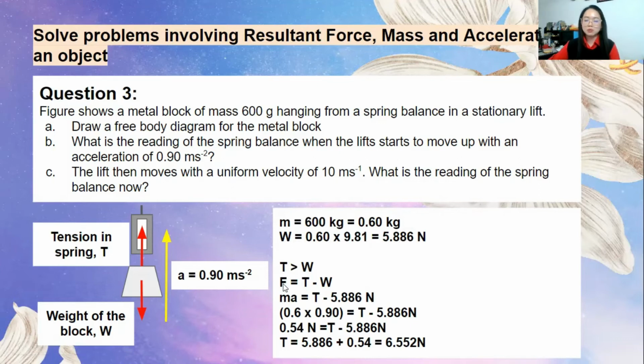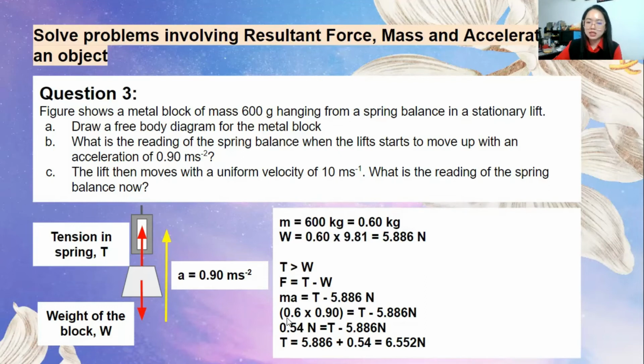Now, because the thing is going upward, T is greater than W. Some of you may be writing R here. It's not a big issue. If you write an R, it is correct, because the thing is going upward. I'm using a T here. So T is greater than W, F is equal to T minus W, and then ma is equal to T minus 5.886 Newton.